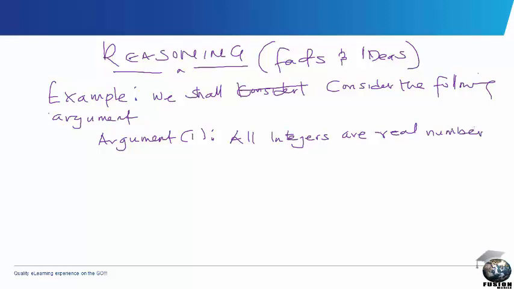And if 5 is an integer, therefore all we are saying is that 5 is a real number. Right, 5 is an integer, so therefore I can write that in full. Therefore 5 is a real number.